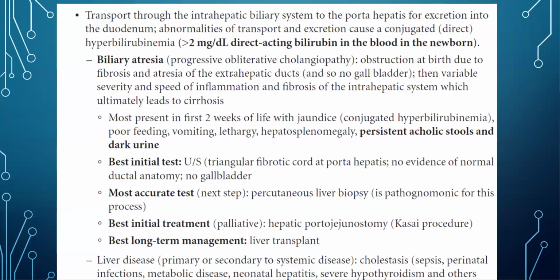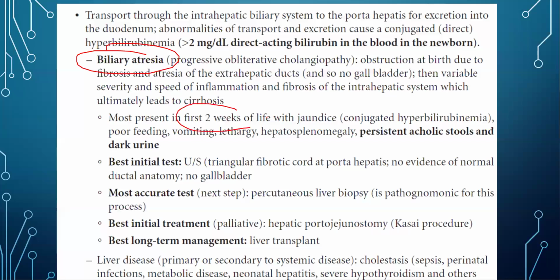Once it becomes conjugated, anything after that, if there is any problem, it will give conjugated hyperbilirubinemia, such as biliary atresia, where there is absence or fibrosis of the biliary tract. If there is lack of biliary tract, then conjugated bilirubin cannot be transported to the intestine. So there will be increased conjugated bilirubin.